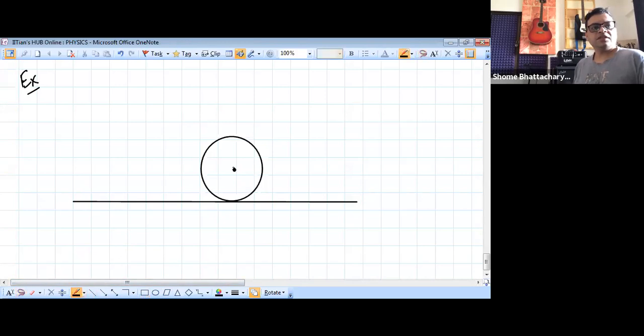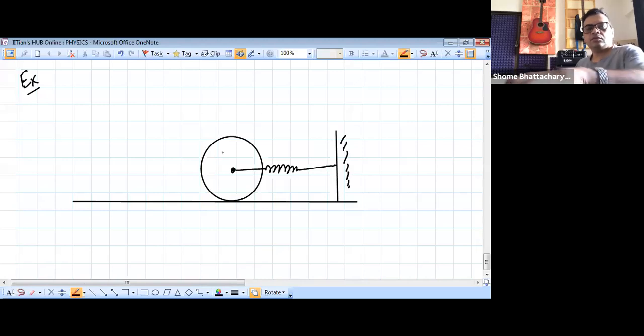Now there is a spring attached from one side to a wall kind of thing. And from the other side, we have the thread which is going around another pulley, right? It's a combination of two pulleys.